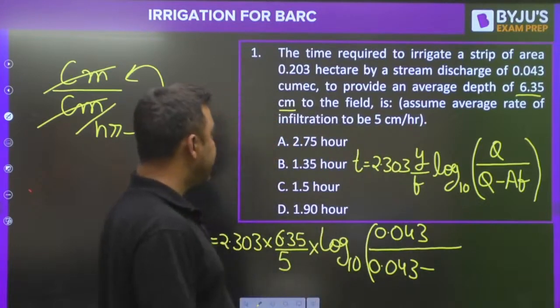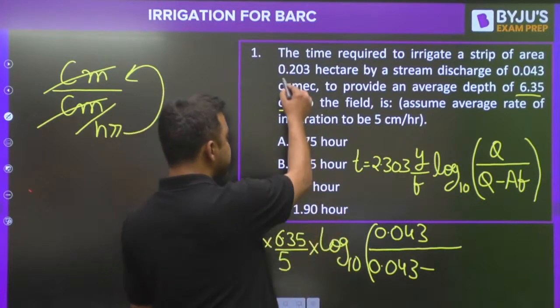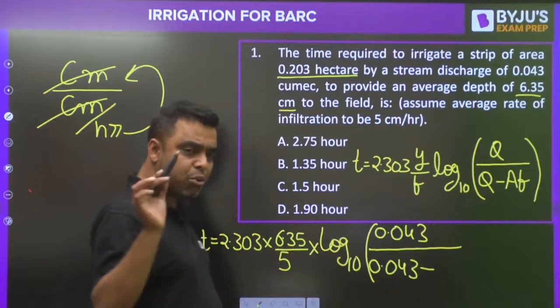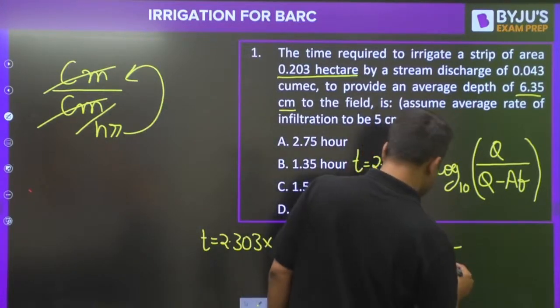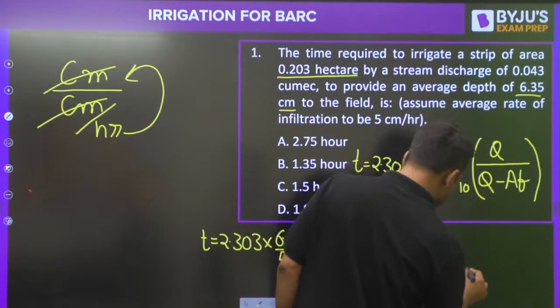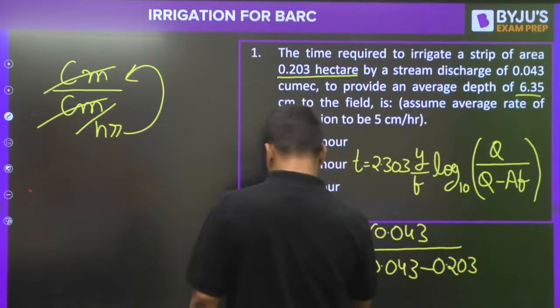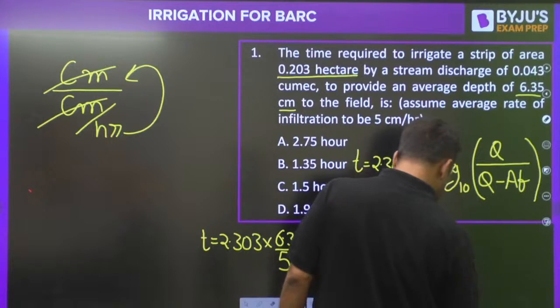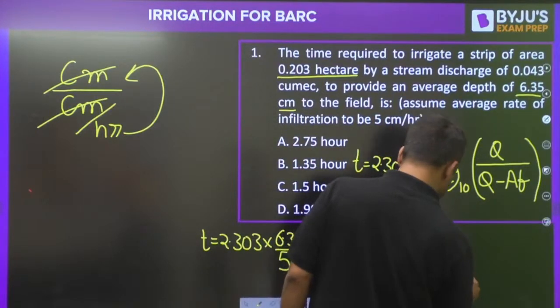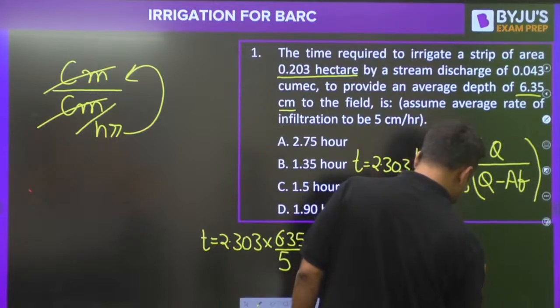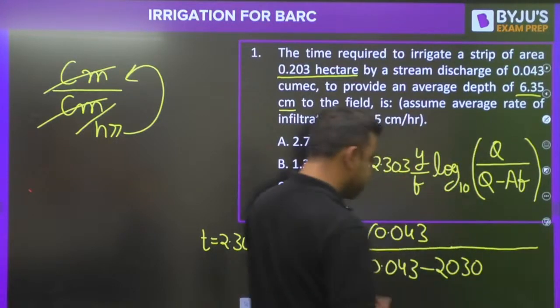Now area as given in the question is in terms of hectare, so I need to convert this area in terms of meter square. So it will be 0.203, sorry, I have to convert it, so it will be 2030 meter square.